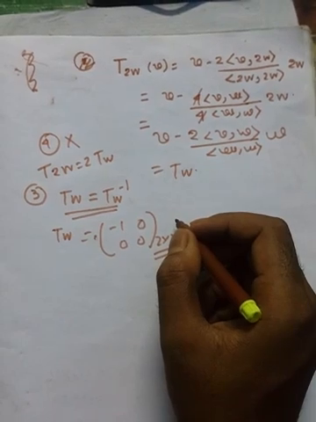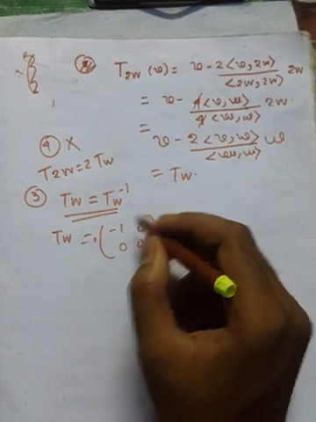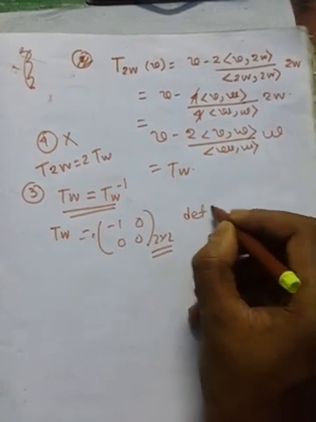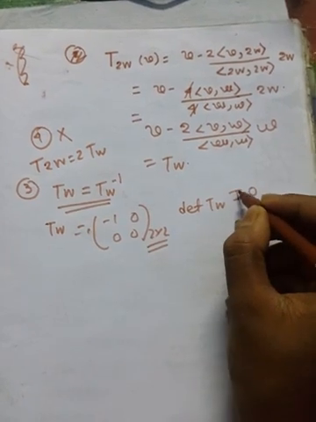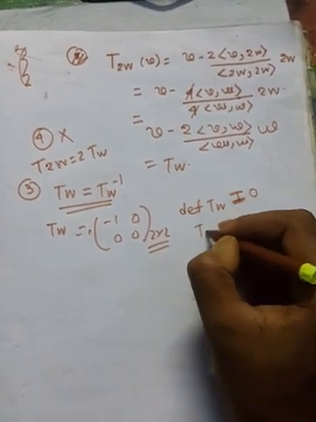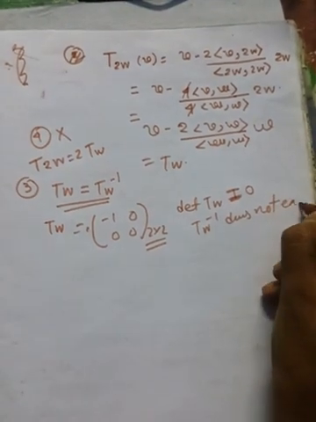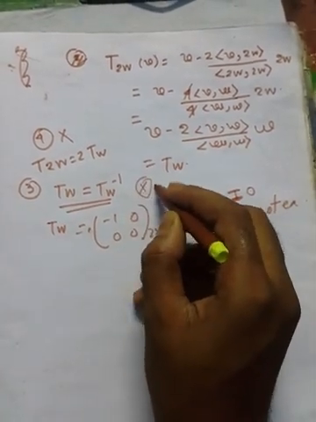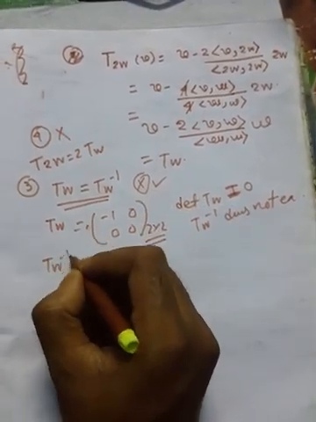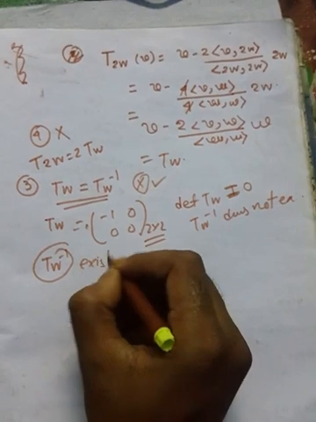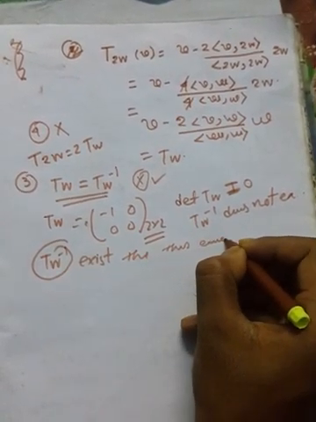There is a problem here: the determinant of TW equals 0, so TW inverse does not exist. In this sense this option is incorrect, but if TW inverse exists, then this is correct. This is the question here.